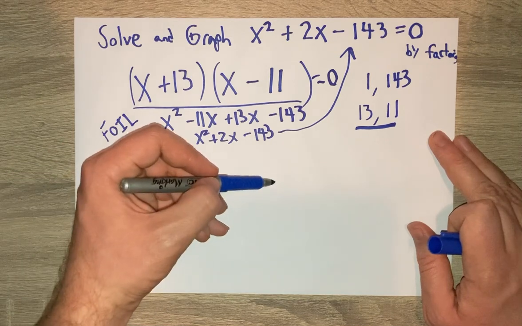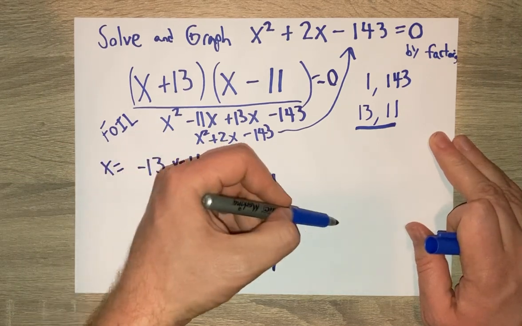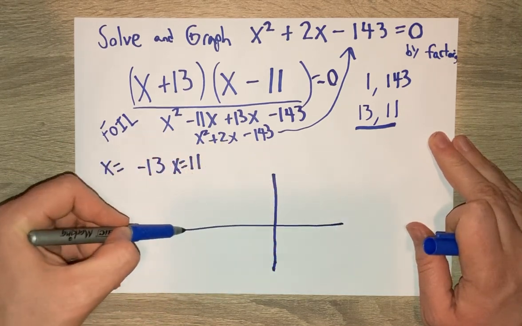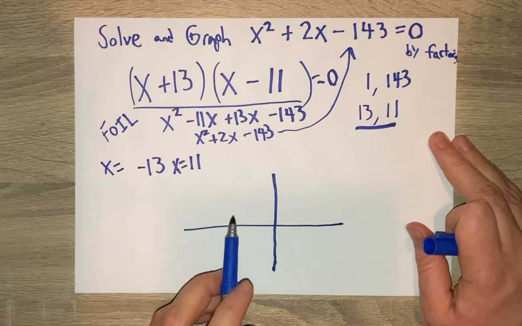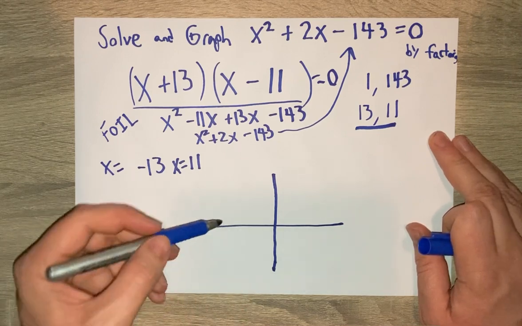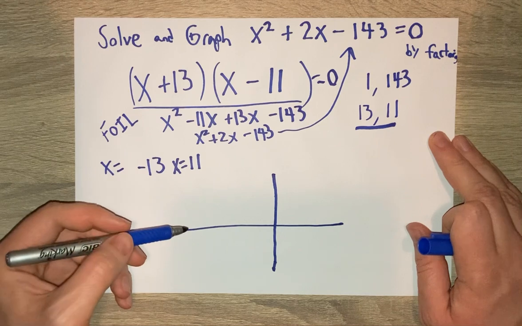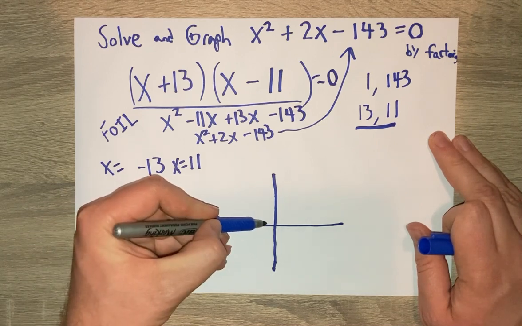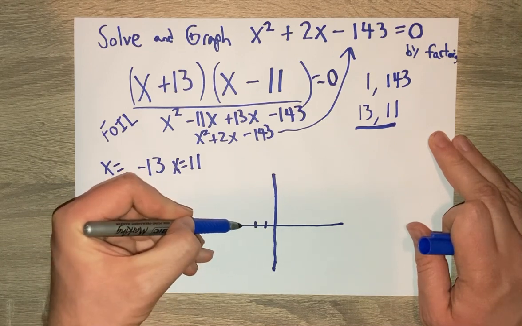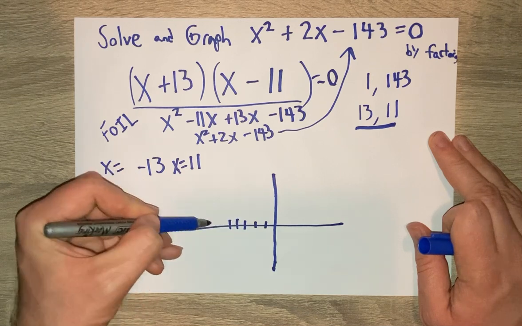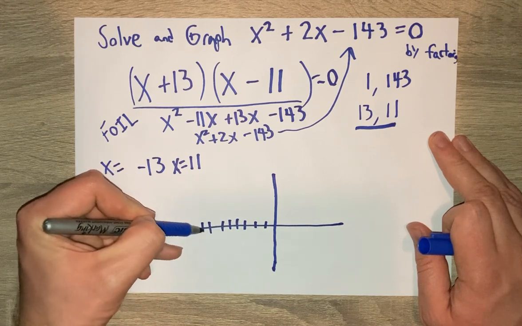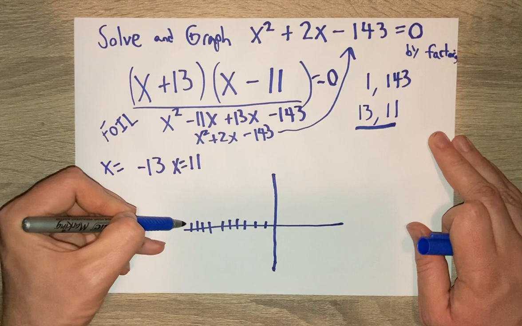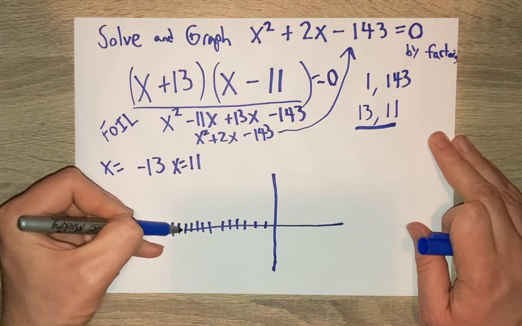Now, this is a little bit of a tricky one to graph, but really, all equations graph the same. It's just a matter of scale. I mean, we're going to label our intercepts, right? So 1, 2, 3, 4, 5, 6, 7, 8, 9, 10, 11, 12, 13.